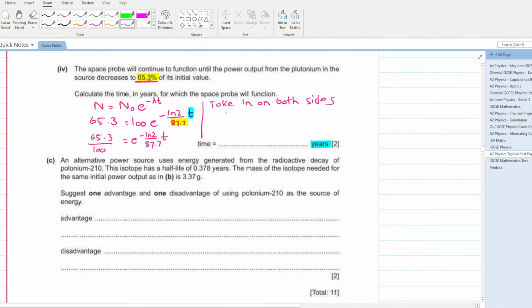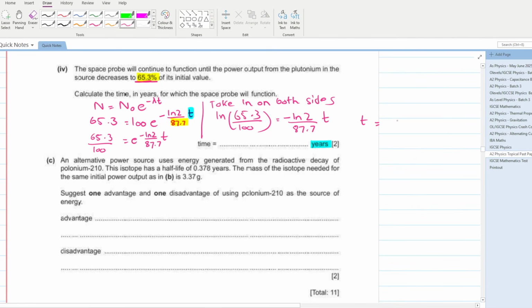Let's do that. ln of 65.3 divided by 100. ln e will get cancelled out. This will give you minus ln2 over 87.7 into t. So your time will come out to be ln of 65.3 divided by 100.